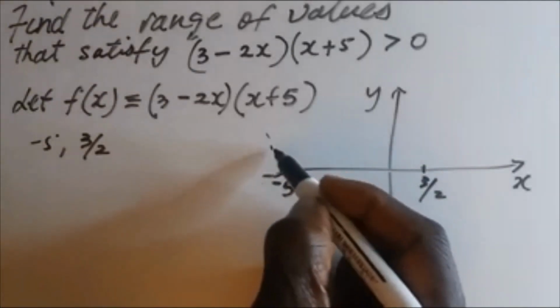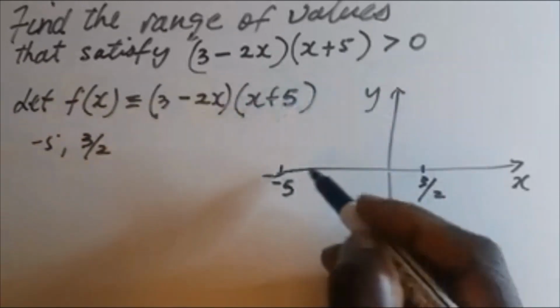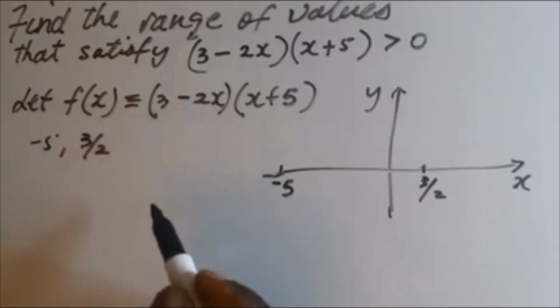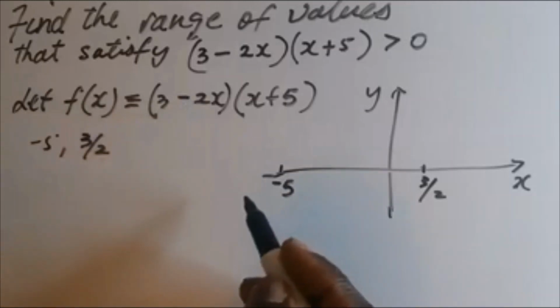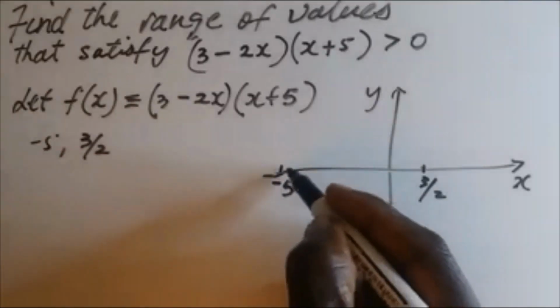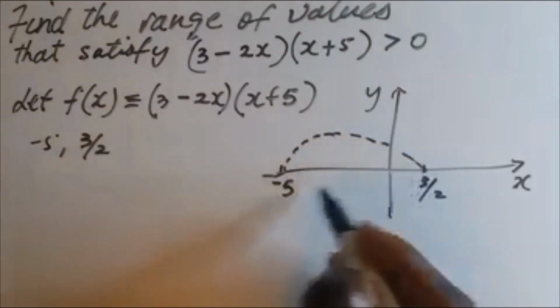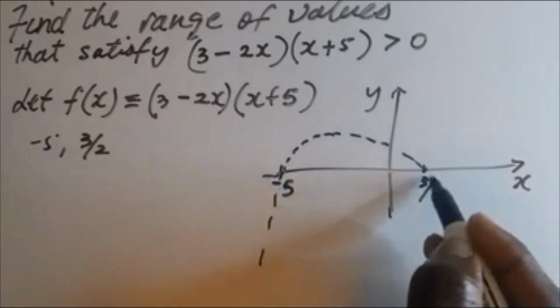So again, our graph this time will have a different shape because the coefficient of x squared is negative. So you'll have this downward shape.